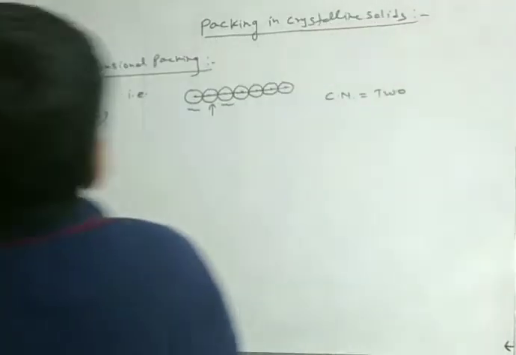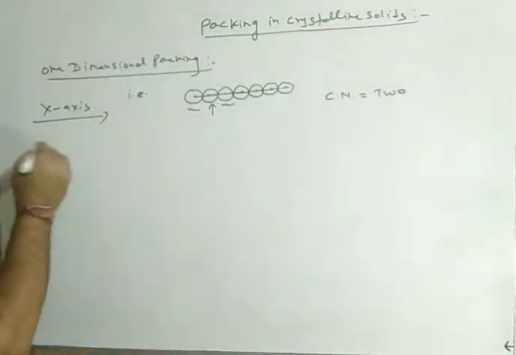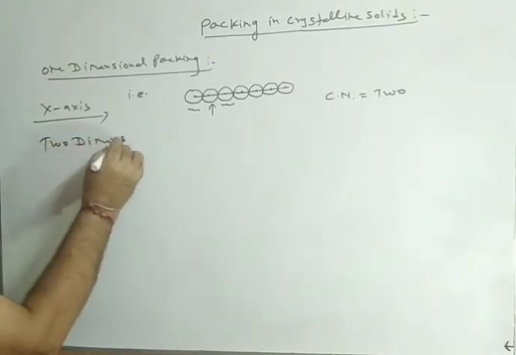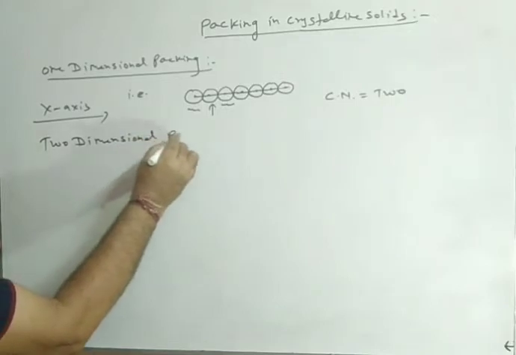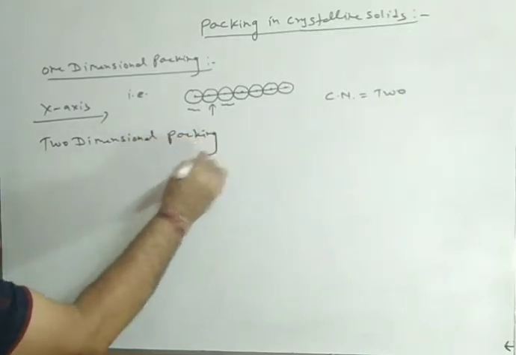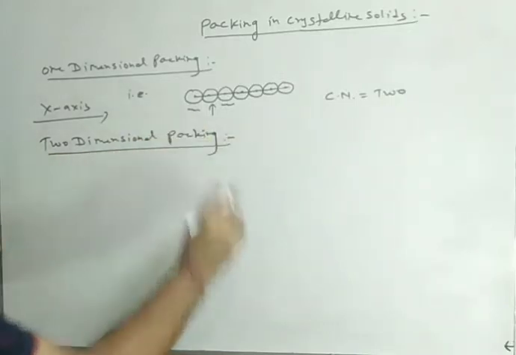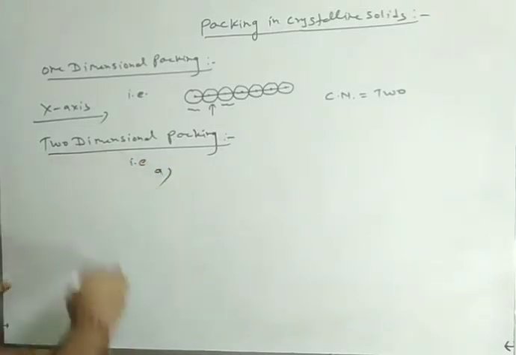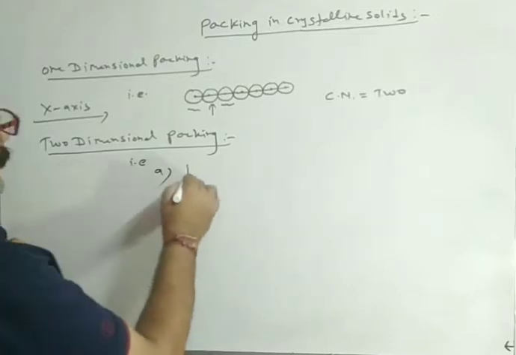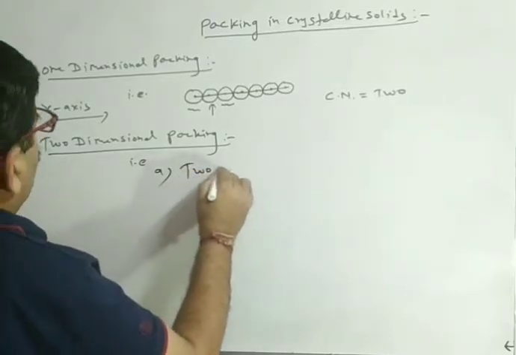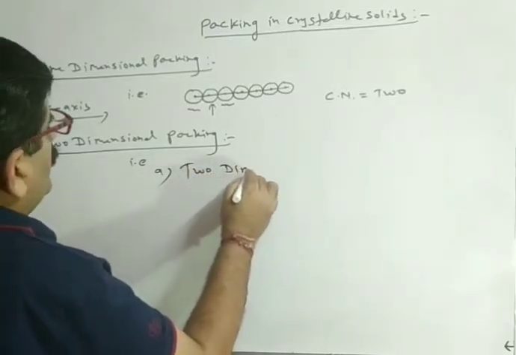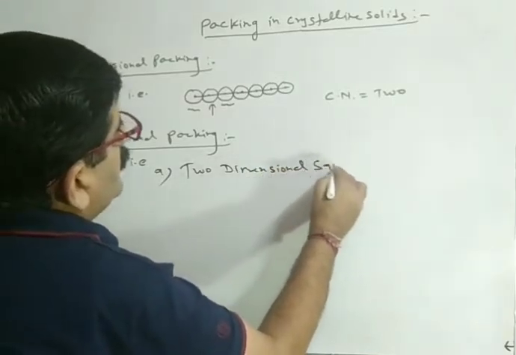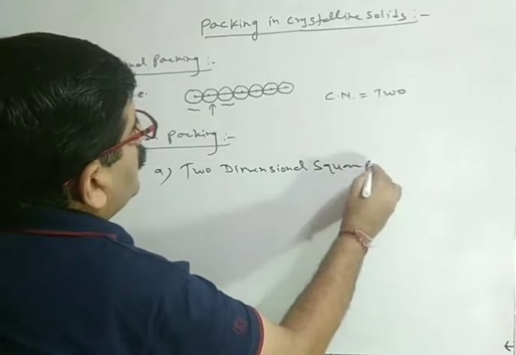The second one, two-dimensional packing. Two-dimensional packing has two types, that is A, two-dimensional square packing.